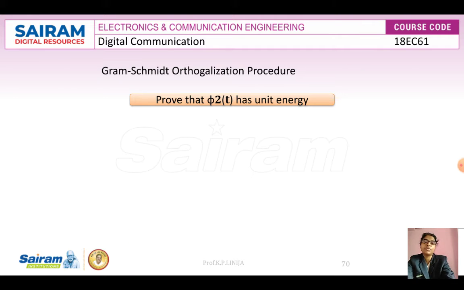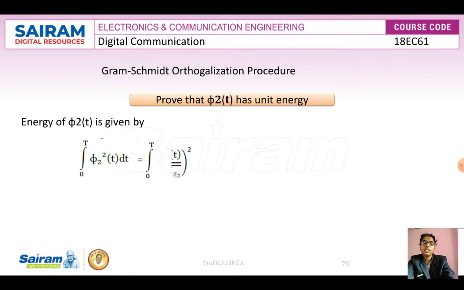Now we are going to prove that the orthonormal basis function phi 2 of t that we defined has unit energy. That is what we wanted to prove. For that, the energy of phi 2 of t can be written as integral 0 to T of phi 2 squared of t dt, which is equal to integral 0 to T of g2 of t divided by root of Eg2, the whole squared, into dt.